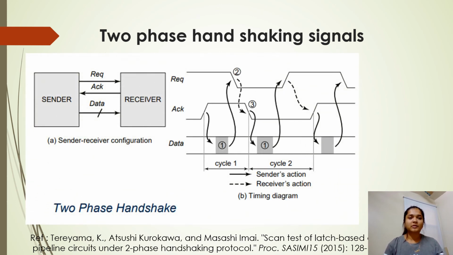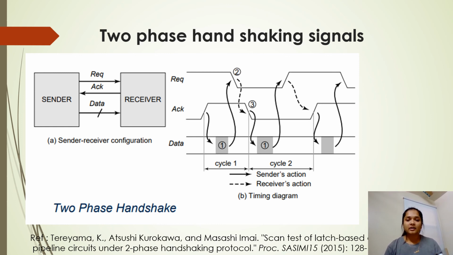Now we can talk about the two-phase handshaking signal in detail. As we discussed earlier, the sender requests a receiver with data, and the receiver sends an acknowledgement signal to the sender that acknowledges that data has been successfully received by the receiver.